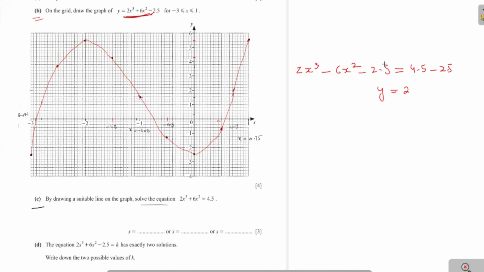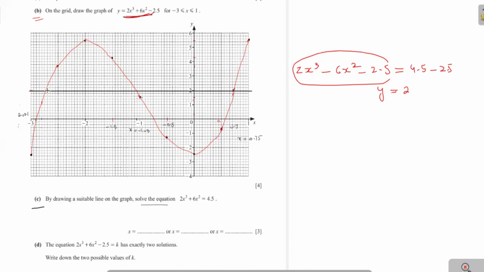And this graph is already drawn here. To solve the equation, we will draw a line y equal to 2. This is the line y equal to 2.